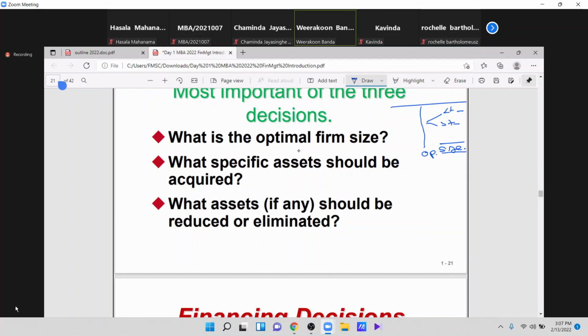What specific assets should be acquired? What are the particular long term assets? What are the specific short term assets? Third point, what assets, if any, should be reduced or eliminated? If there are some particular assets not generating appropriate returns, then you can decide to eliminate them from the business and replace them with new ones.